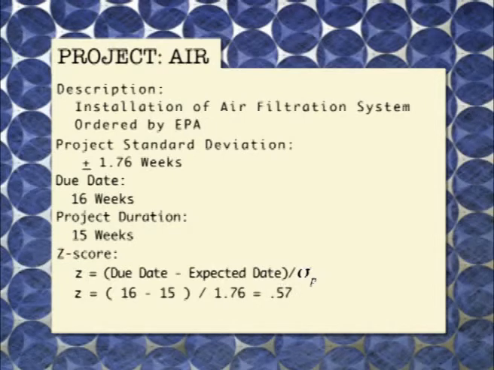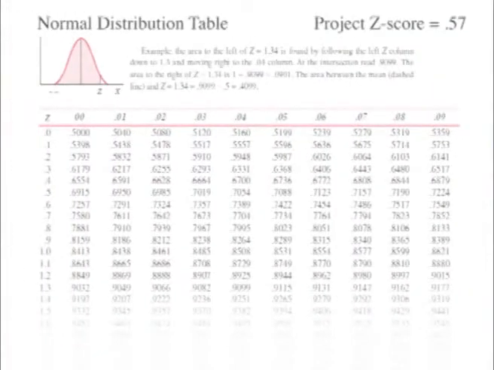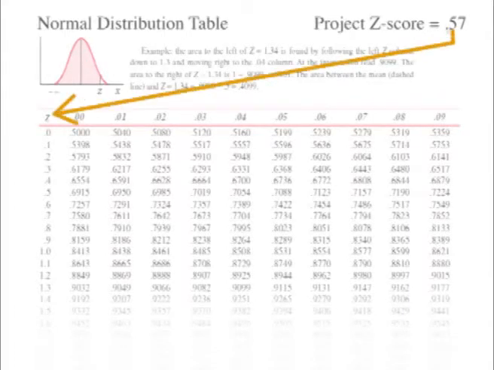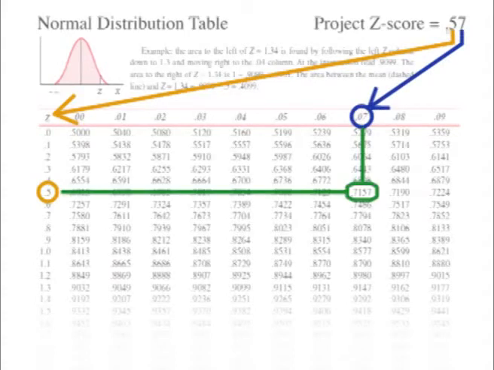Well, it doesn't mean anything until you use a normal distribution table. On a normal distribution table, you can find the 0.5 on the left-hand side, and the 0.07. Where they meet is at 0.7157.